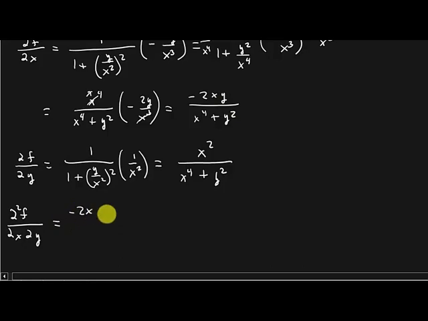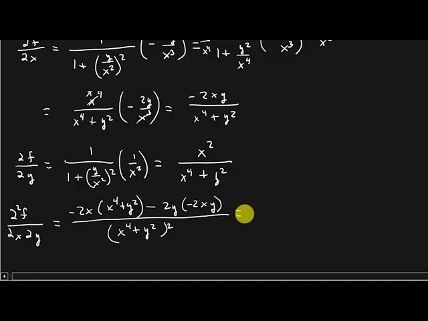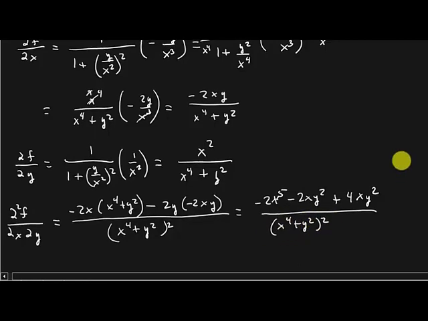So that's negative 2x times x to the 4th plus y squared minus, and then the derivative of this is 2y times negative 2xy over x to the 4th plus y squared. And let's see, what is that going to be? That's going to be negative 2x to the 5th minus 2xy squared plus 4xy squared over x to the 4th plus y squared.